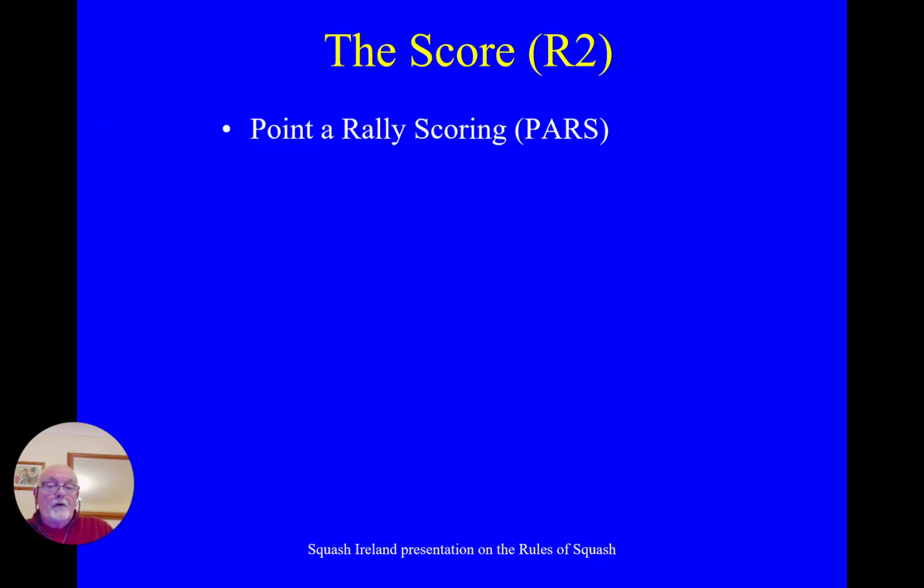Rule 2 deals with the score, and nowadays we have the so-called point a rally scoring system, or PARS, whereby each game lasts until the player reaches 11, but where the player must win by 2 points.